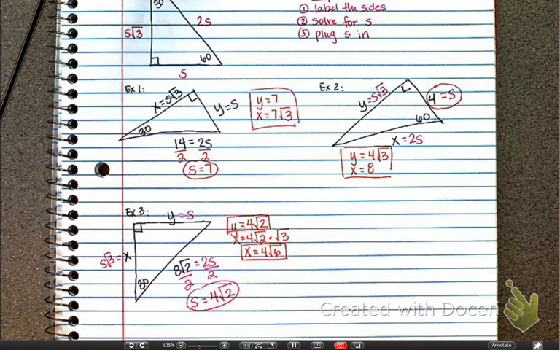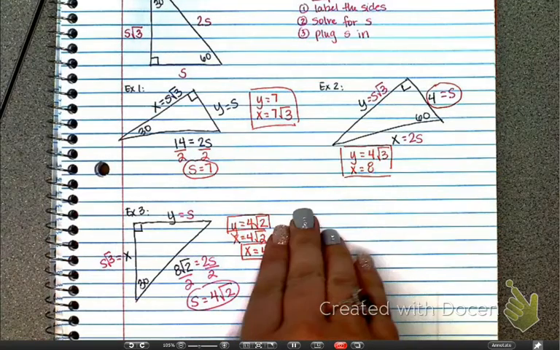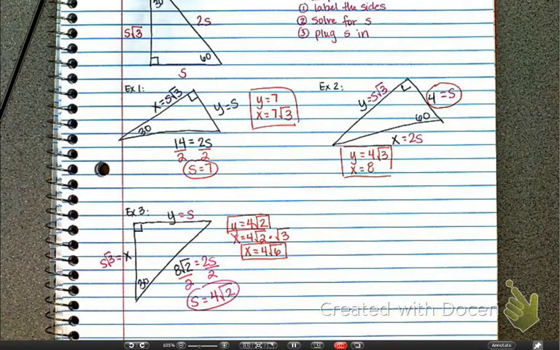Okay? So are we okay with the solving part? So that's where we get 4 square root of 2. Once you have this, is the plugging in part okay? Or no? Yeah? Okay, why don't we try another one and see if we can get there.